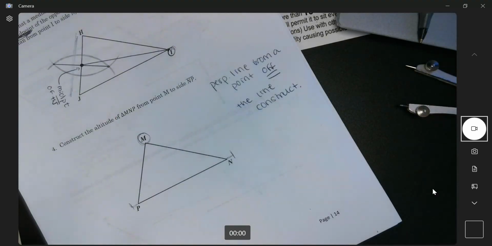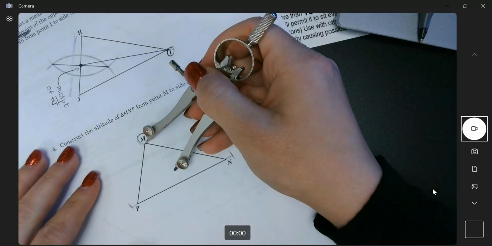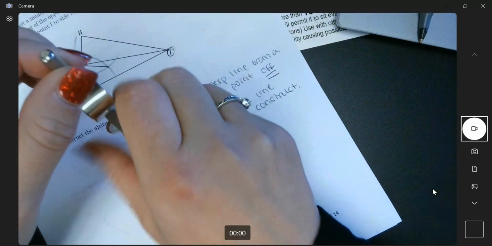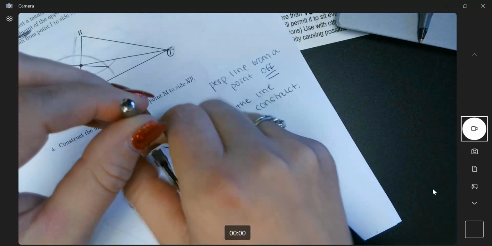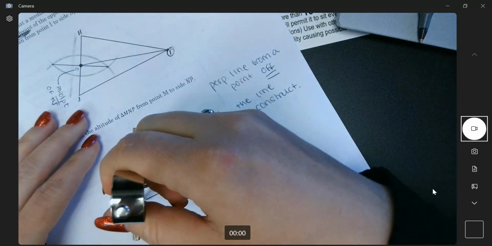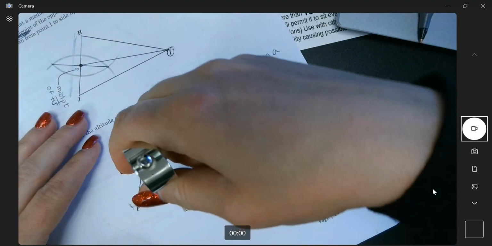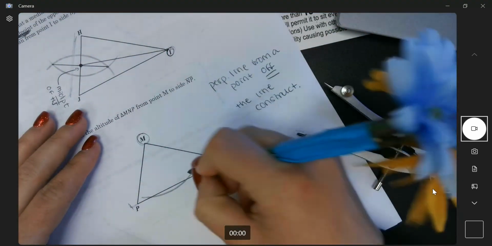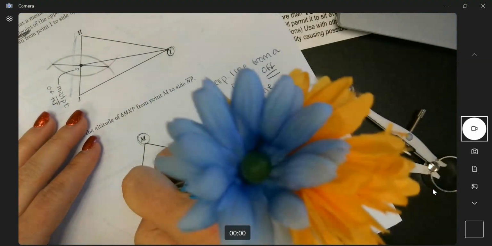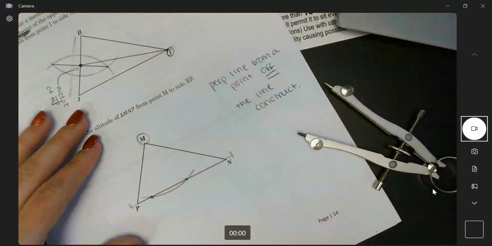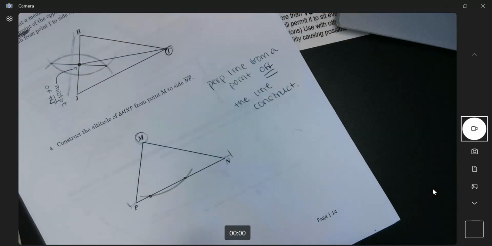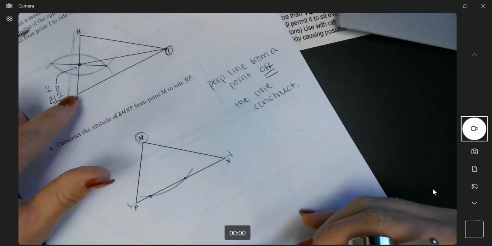Just like what we were doing yesterday, I'm going to start with my compass where the point is on M. I have to make an arc down here that shows two intersection points. Stretch it enough that you'll be able to see it intersect this side twice. So I've got this spot here and this spot here. Now I'm going to do the perpendicular construction, the same steps that we did up in 3.